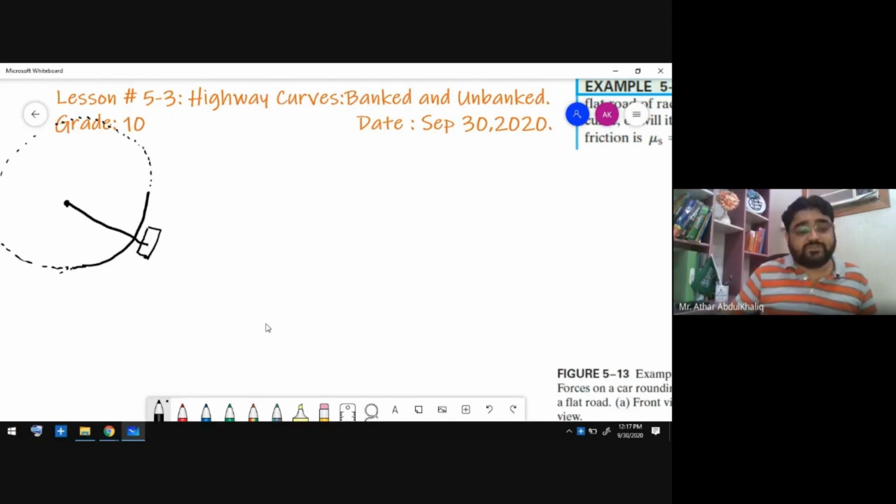Now, this motion of the car, while it was taking a turn, only this portion is the curve, but when I complete this curve, it is part of a circle. So now this car is a particle that is moving along the circular path. We know that whenever an object moves along a circular path, it requires a force.